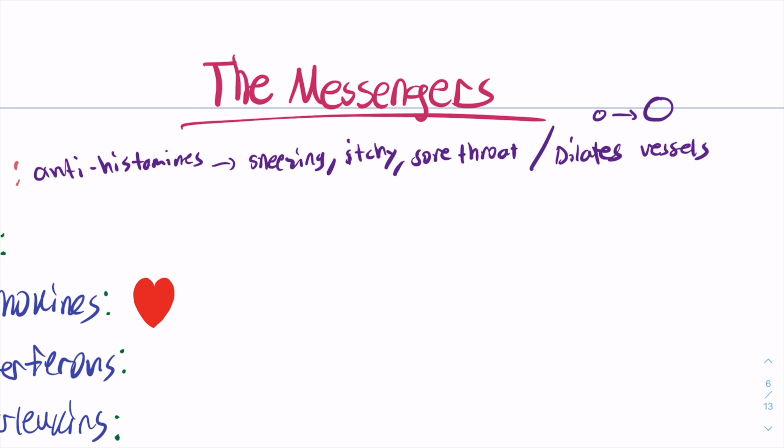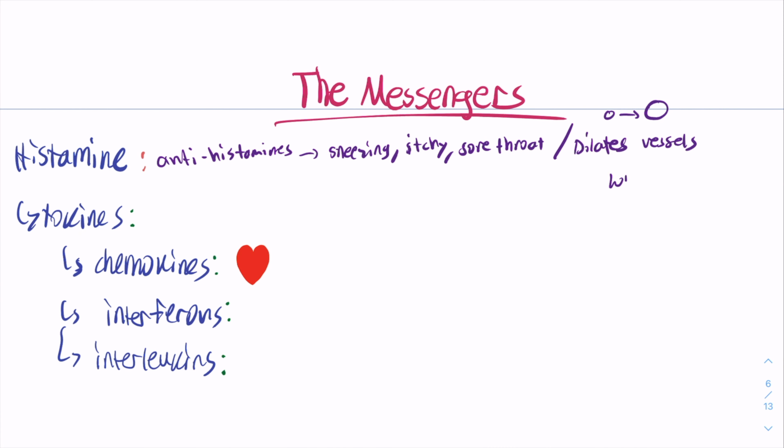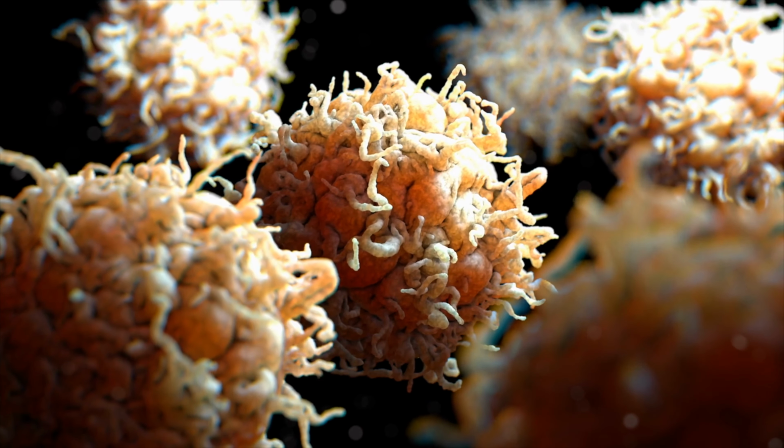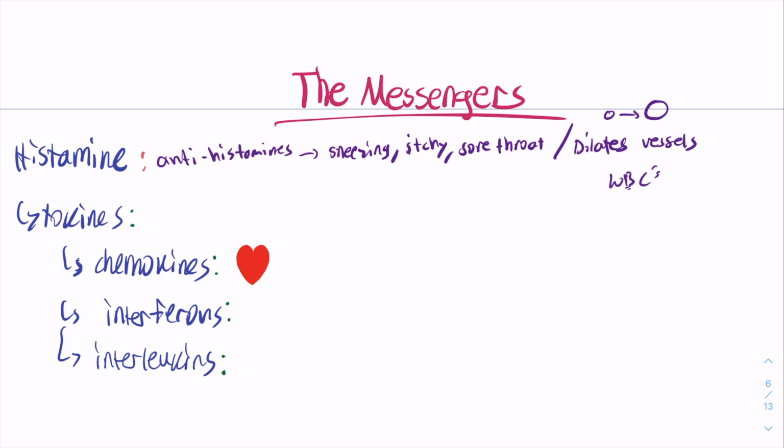Histamine takes your blood vessels and opens them up so more blood can flow. It also recruits white blood cells to help with what's going on. And white blood cells are really important. We'll talk more about that in part 2. But histamine is a really important chemical that our body uses to really get the action going and start communicating with the body.